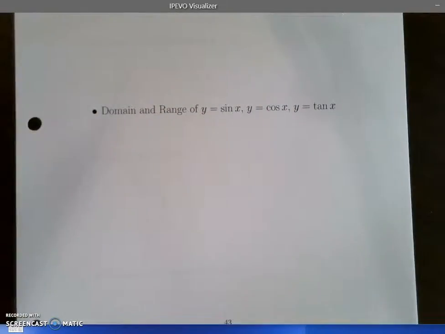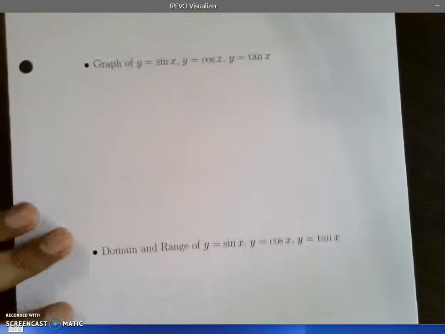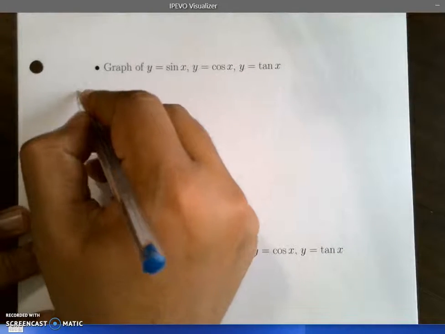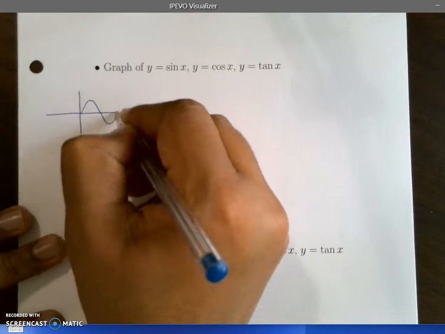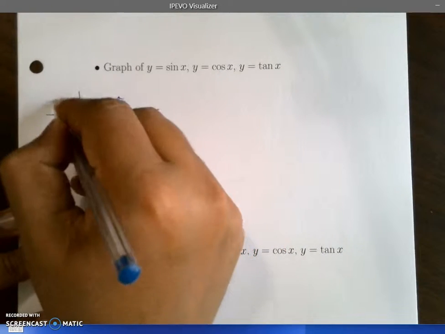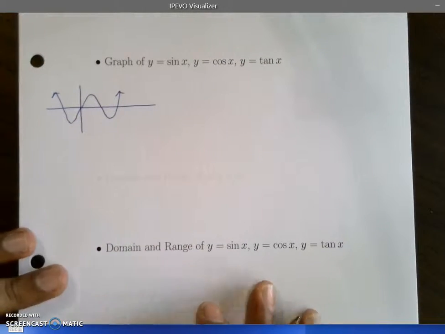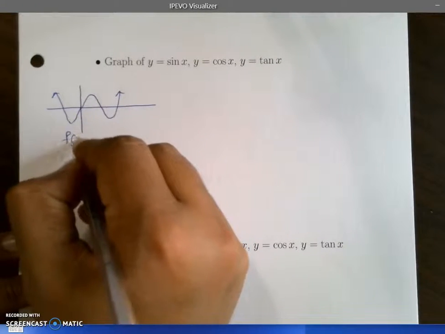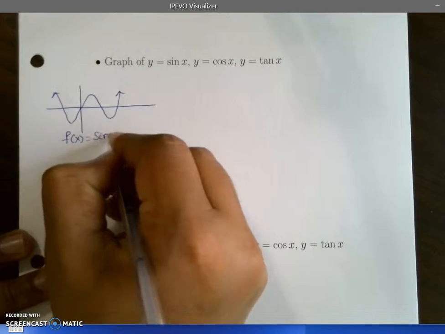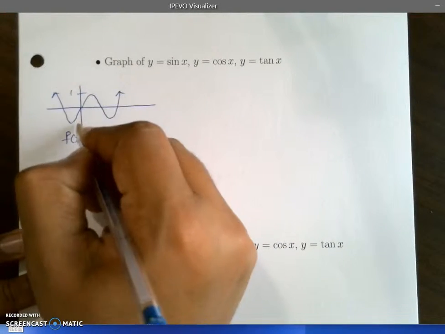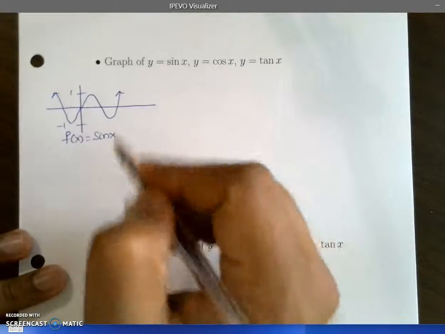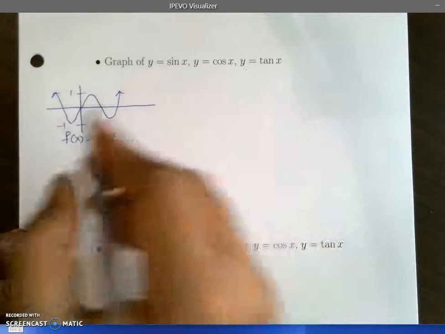Let's now consider the graph of y equals sine x. We all know that the rough sketch of the graph of y equals sine x would look like this. The maximum value is positive 1, the minimum value is negative 1, and it's oscillating between positive 1 and negative 1.